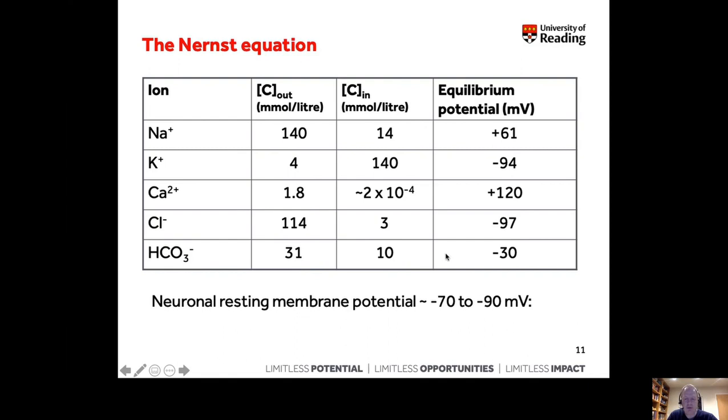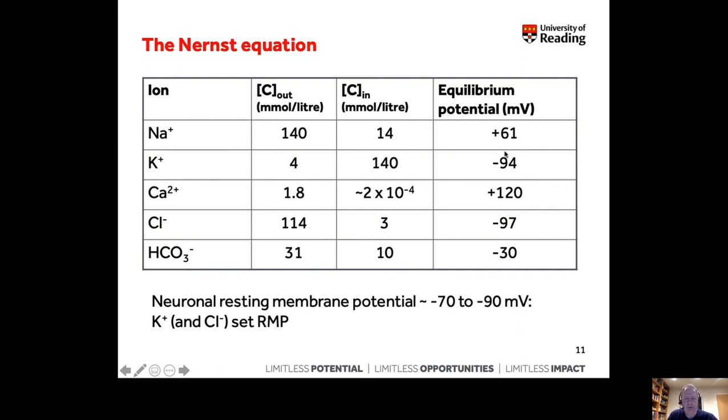The final thing, just to finish the screencast, is to say that we know that the resting potential, as I said, is around minus 70. Some of the neurons are a little bit more hyperpolarized, around minus 90. The reason for this resting membrane potential is essentially because we use things like potassium in particular, and also to some extent some chloride, to set the resting potential.